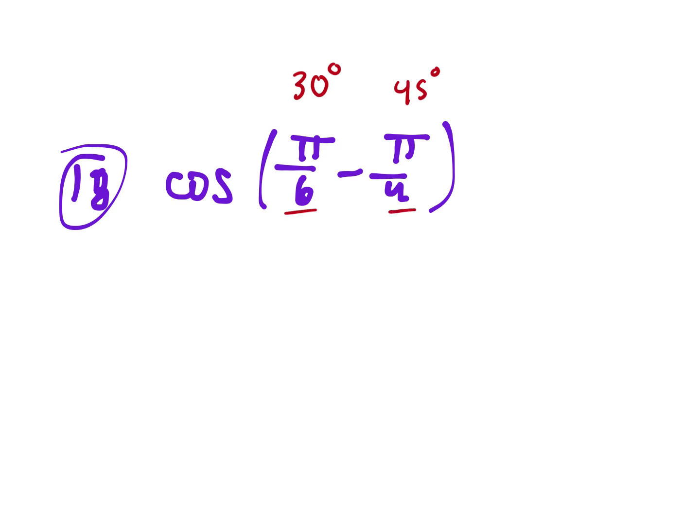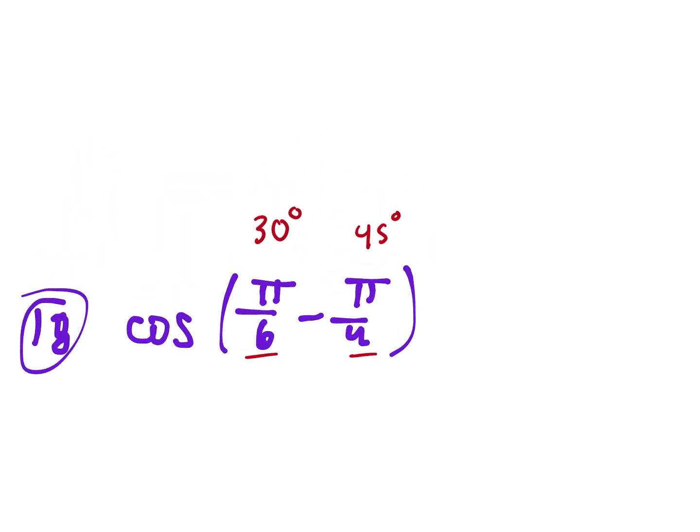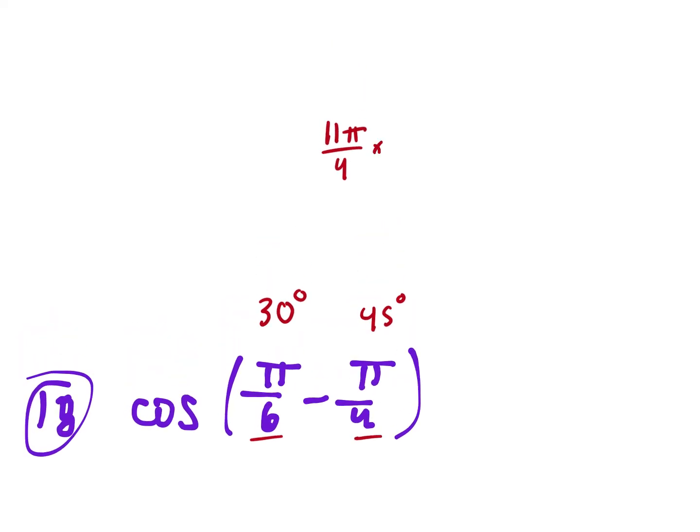If you had something that was, let's say, like 11 pi over 4, and we converted this, so I would have to multiply by 180 over pi. Pi's cancel. 4 goes into 180 45 times.